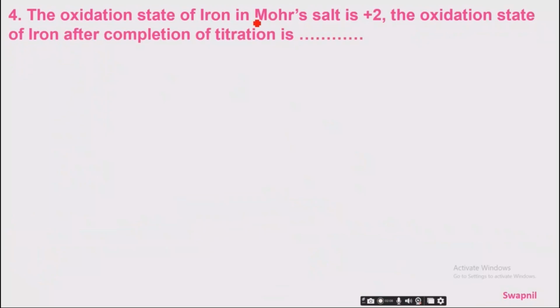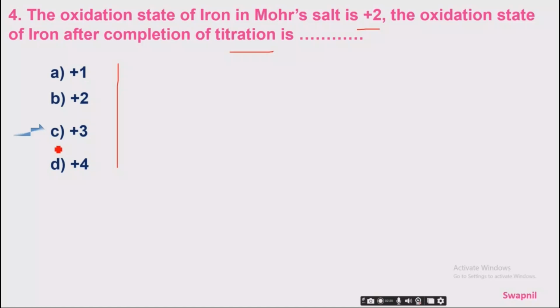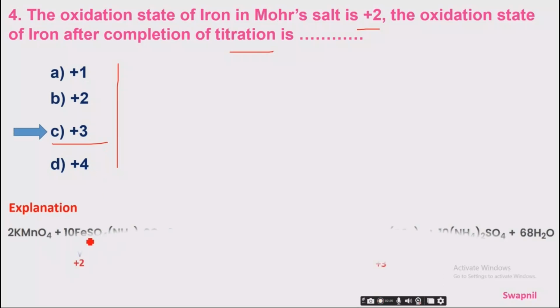So next, the oxidation state of iron in Mohr's salt is +2. The oxidation state of iron after completion of titration is, and these are the options for this question. So the correct option is option C, that is +3. So here is the explanation for this question.